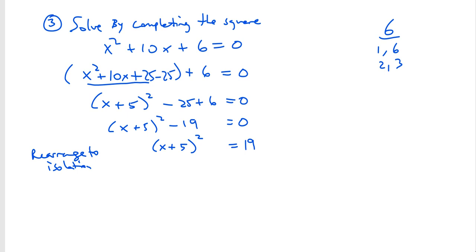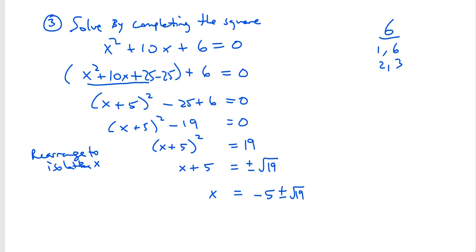Everything that has x stays on the left. Everything that doesn't stays on the right. So now I have x plus 5 squared equals 19. I'll take the square root of both sides, and I get x plus 5 equals plus or minus the square root of 19. Then x equals, bringing the 5 over to the other side, negative 5 plus or minus the square root of 19.